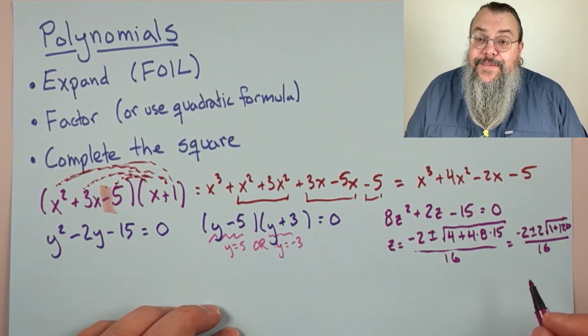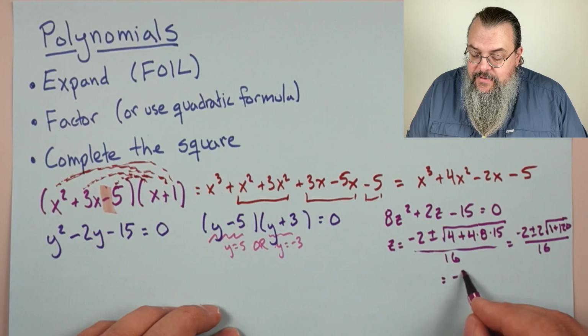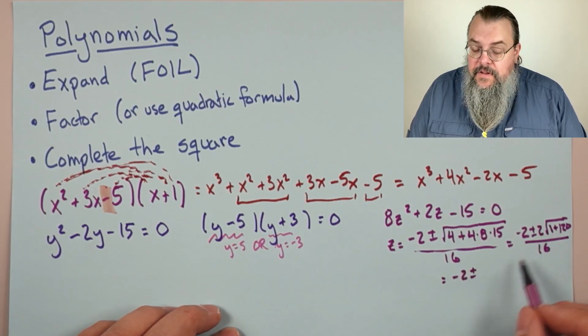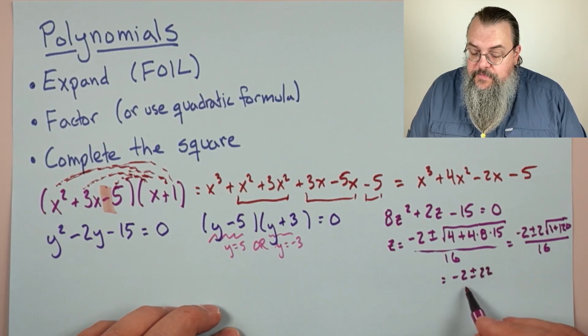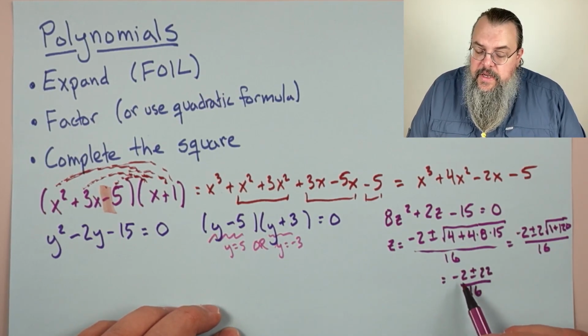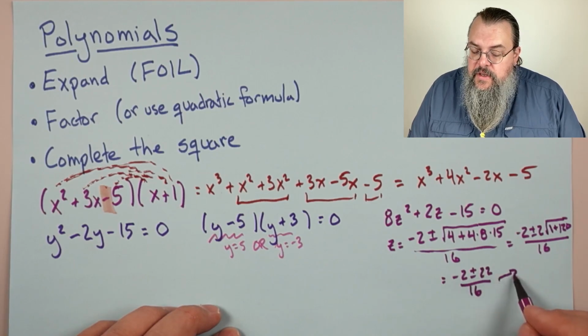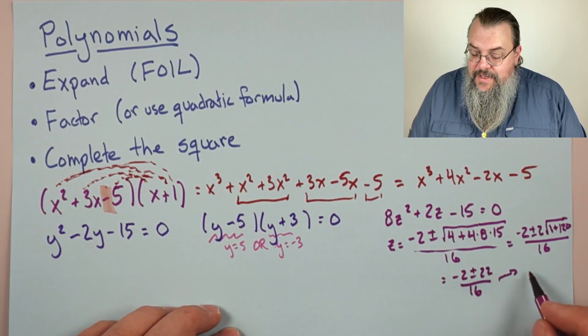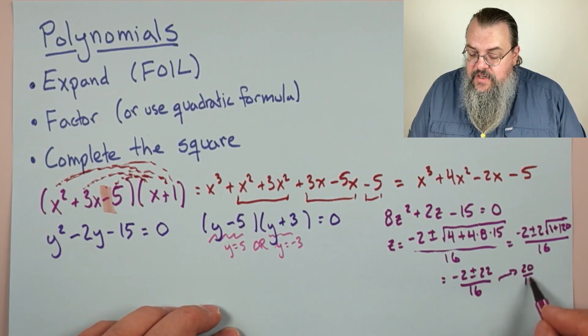Oh, well, that's a nice number. So that makes negative 2 plus or minus 2 times 11. That's 22 over 16. Negative 2 plus 22 would make 20, so you get 20 over 16.